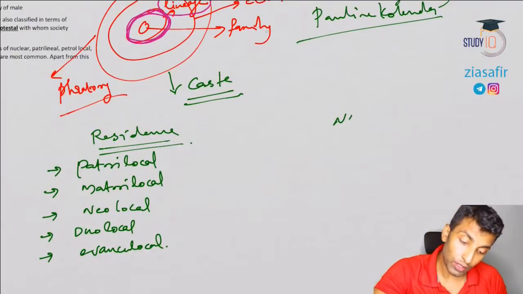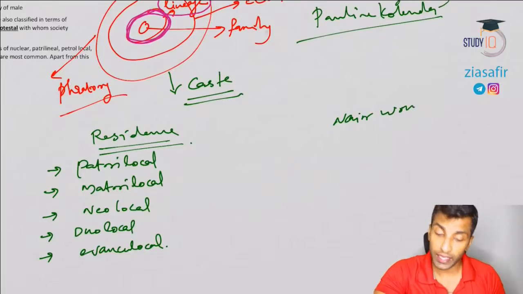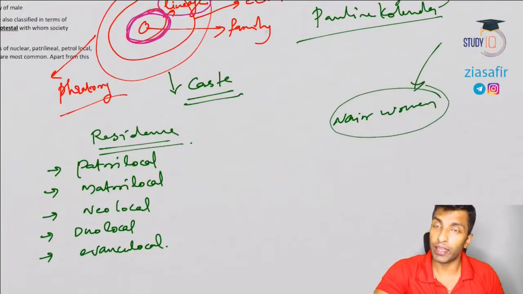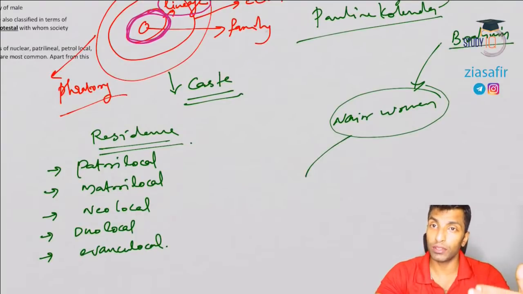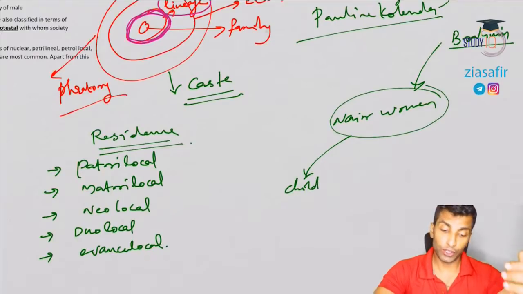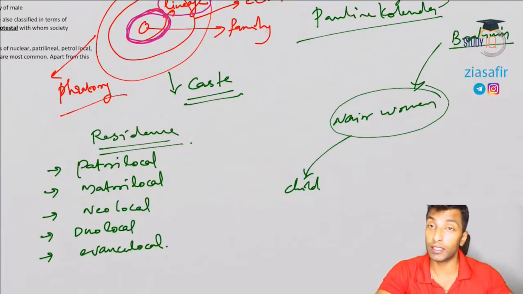The reason is, among Nayar women, when there is a child, she actually doesn't know who is the father of the child, because there is a concept of visiting husband among Nayars in Kerala. The Brahmins used to visit the Nayar woman. You don't know which Brahmin is visiting.